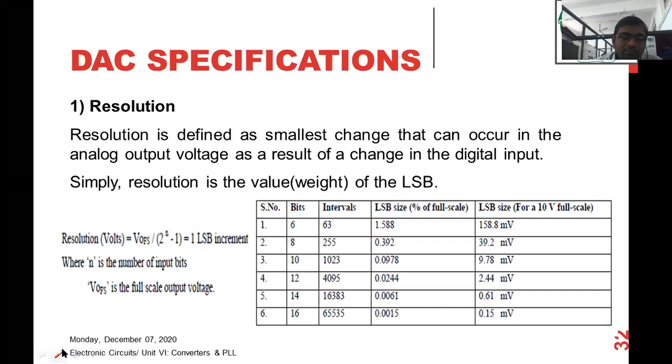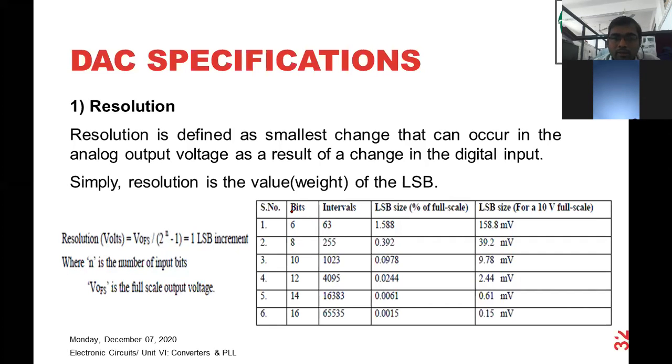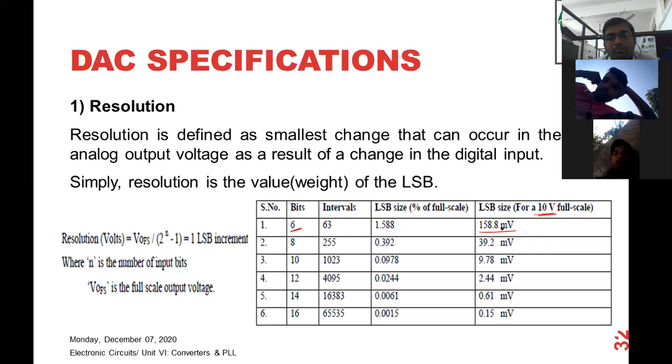You can see here there is a table I have also shown, which shows the effect of the number of bits on the resolution when you calculate it. For example, if you take 6 bits, that means 2 raised to power 6 minus 1, that is 63 intervals, and the size of the LSB, if you take the full scale output voltage as 10 volt, would become 158.8 millivolt.